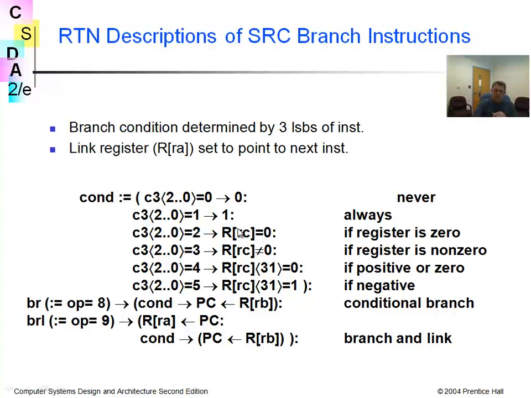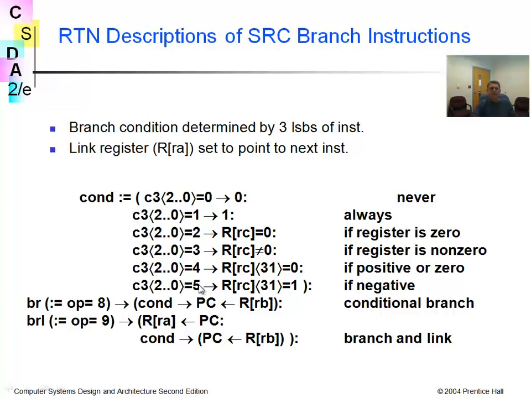You go to that register number and take the content of that register. If that is equal to 0, then you branch. If the C3 field, only the least significant 3 bits, is equal to decimal 3, then if the content of R of RC is a non-zero value, you jump. And that means if positive or 0, right?